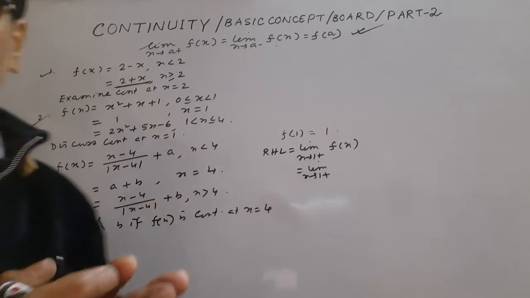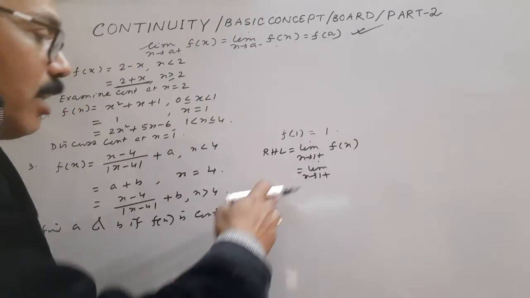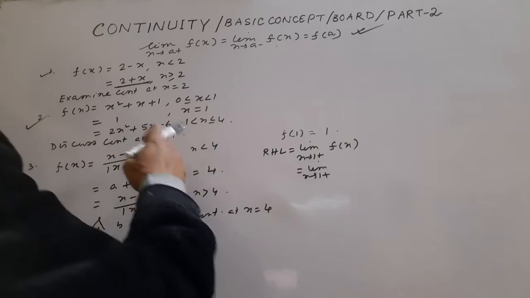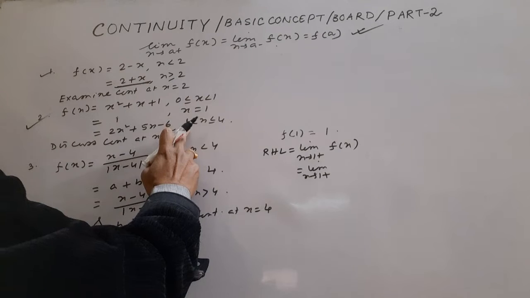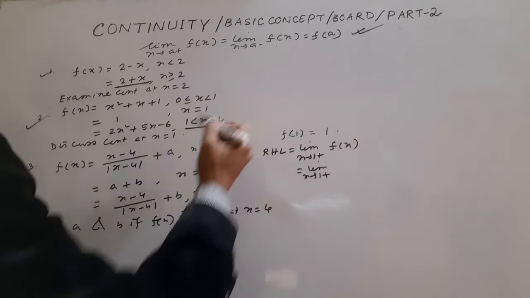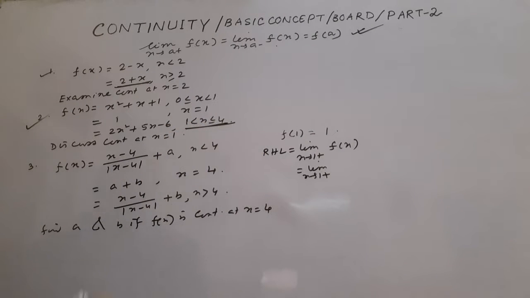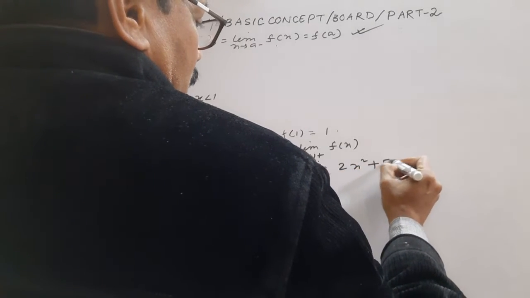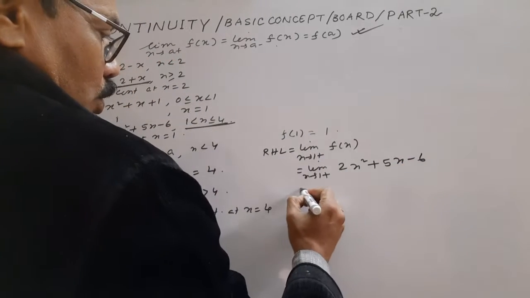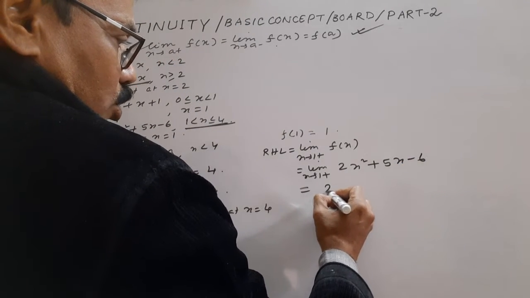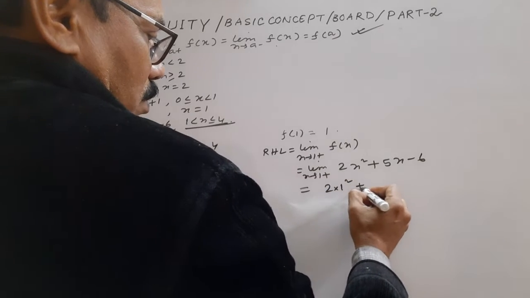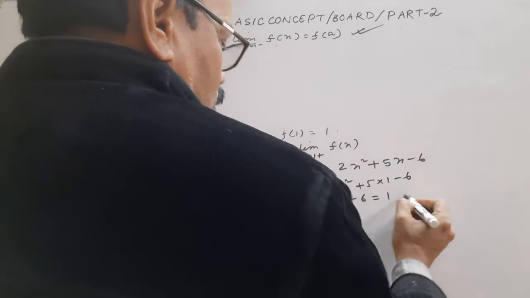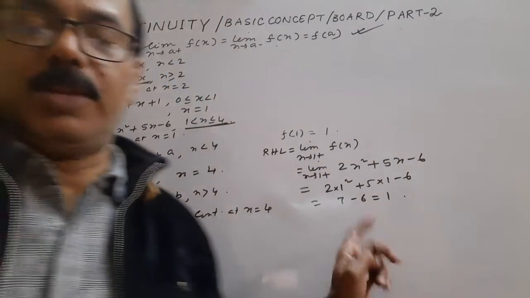You do not think it is 2 or 3. Greater than 1, but by a very small amount. So look, the first restriction is less than 1. The second restriction is x greater than 1 to 4. So for greater than 1, what is the f(x)? 2x square plus 5x minus 6. Then you put x equals 1. So 2 into 1 square, 5 into 1, minus 6. So 7 minus 6 equals 1. So the right hand limit is 1.